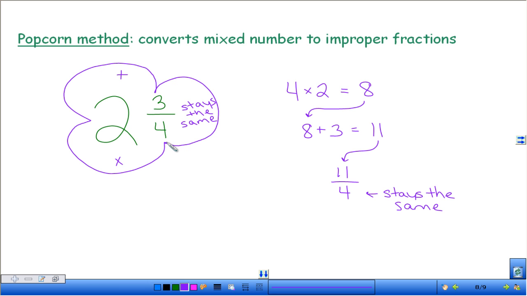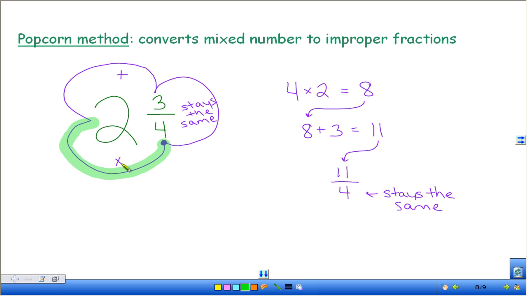All right, we always start at our denominator. So we're going to start right there underneath the 4. And you go clockwise to make your popcorn. Okay, so there's 3 different points you're going to go to. The first one, we started at the 4, and we're going to make a little bubble up to the 2, up to your whole number.